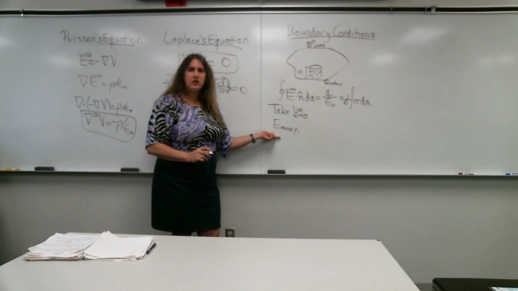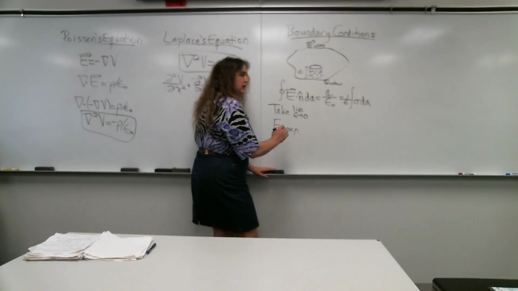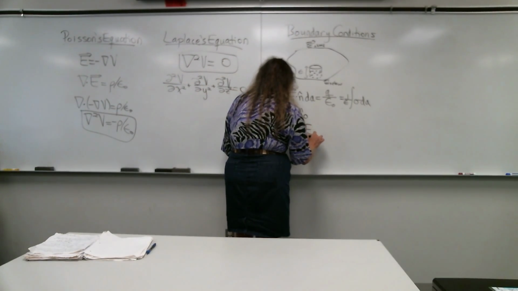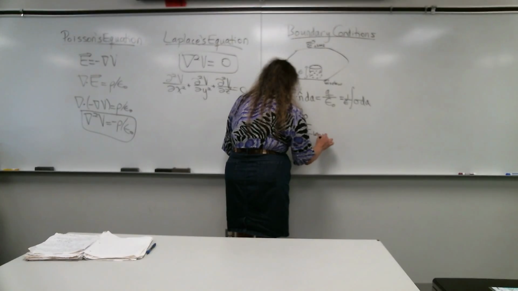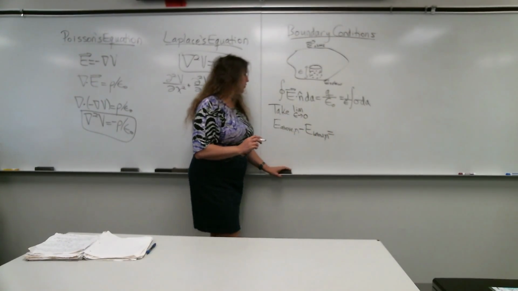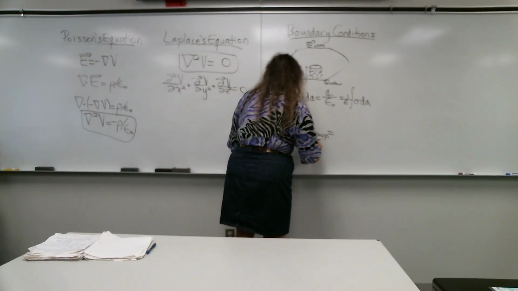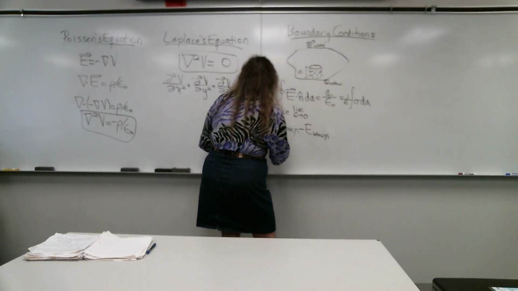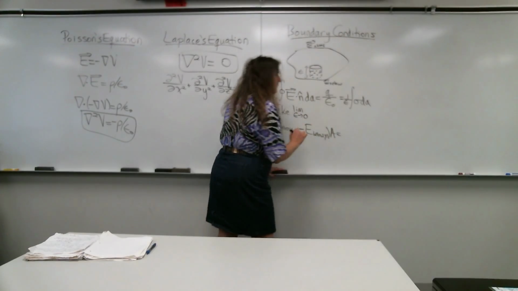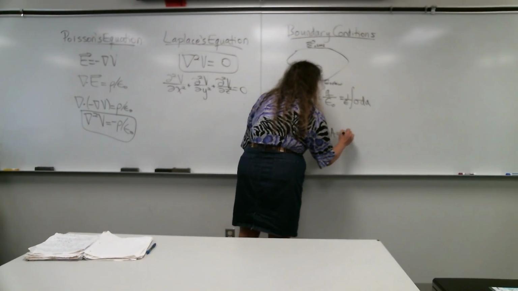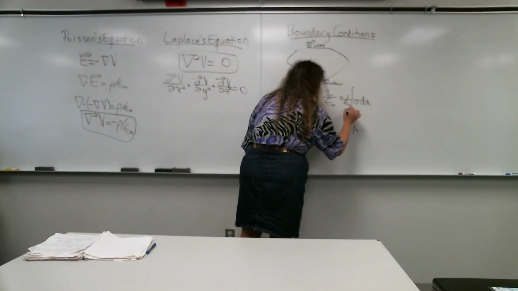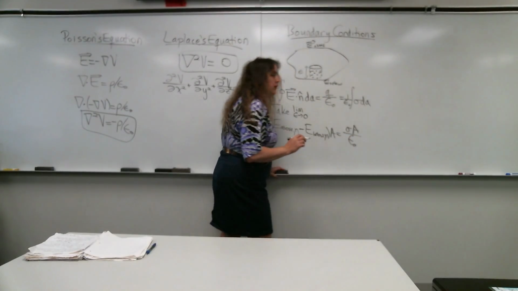The normal component of the electric field above minus the normal component of the electric field below has to be equal to, and you should see that it's times the area, sigma area over epsilon naught.